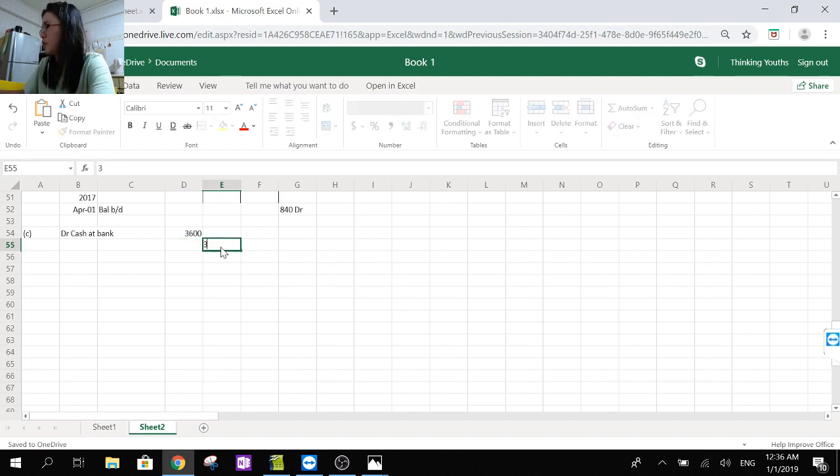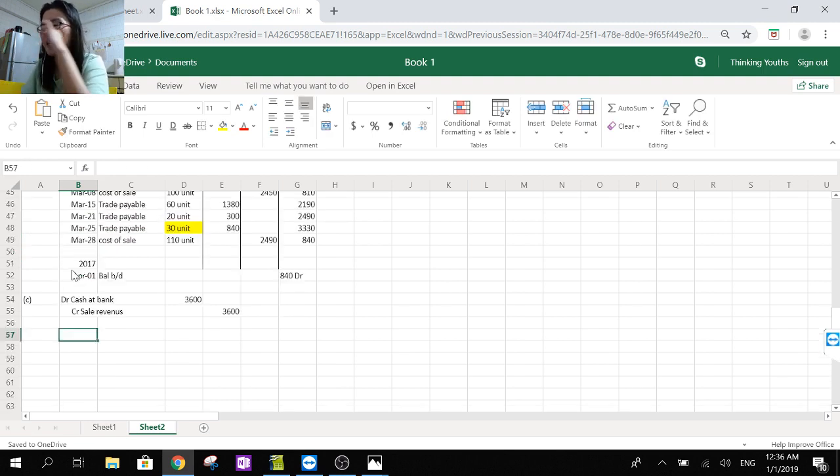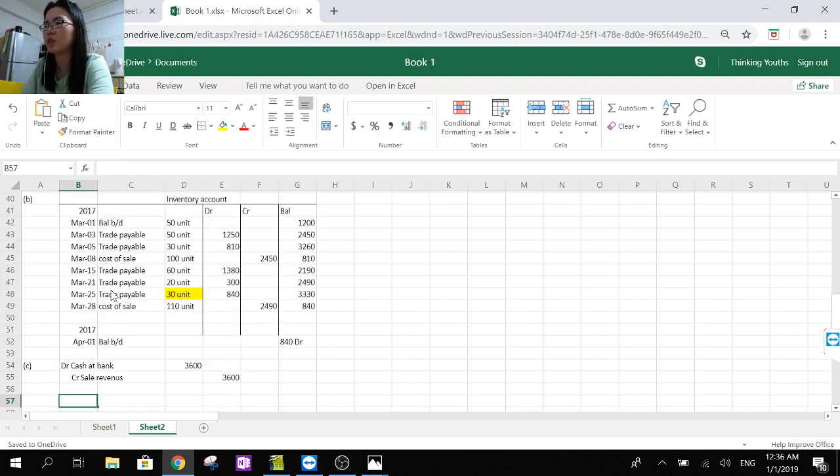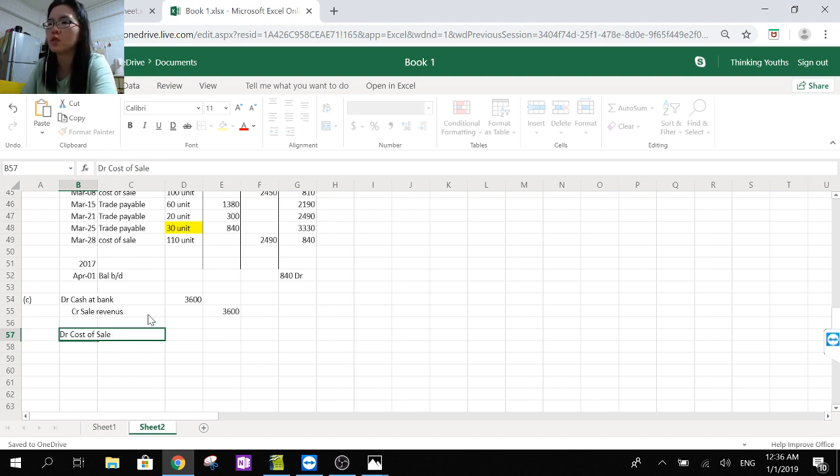and you credit sales revenue. Okay, but don't forget this is a selling price. So how you're going to deal with your cost price is debit cost of sales.